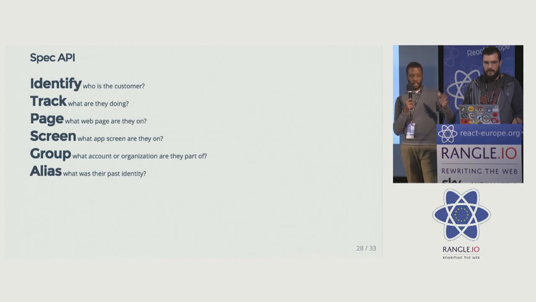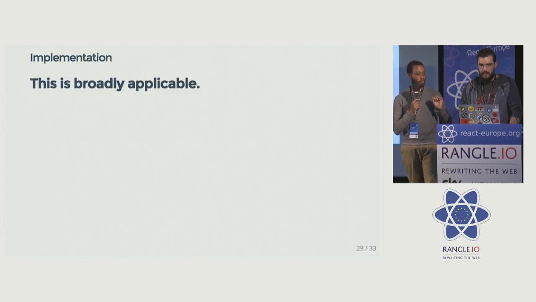You have page and screen, which are basically your views. Page is for a web page, screen is for a mobile view. Group and alias both work with identity to allow you to associate users and somehow maybe associate past sessions to current users in the case of alias. So all this works for all the providers that they work with.